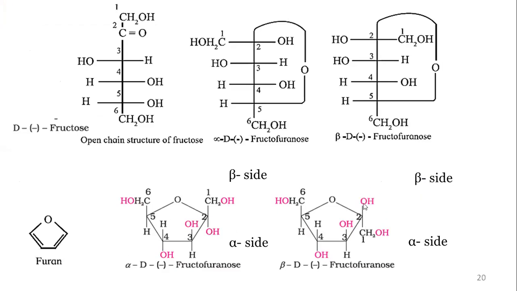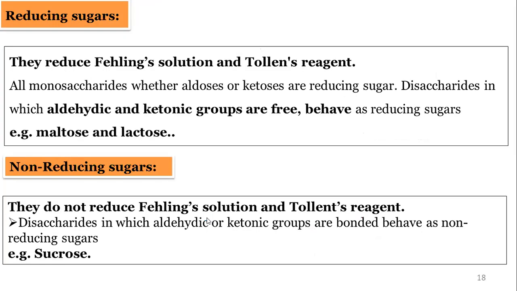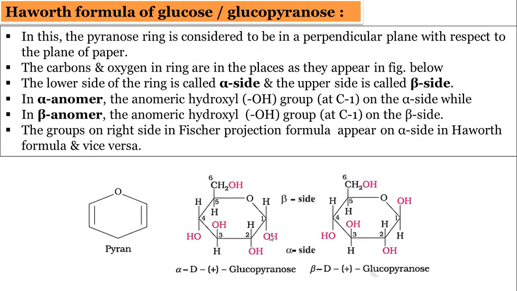Which OH? Sorry, all these are fructose. In case of fructose, we consider carbon number 2, and in case of glucose, we consider carbon number 1. This is carbon number 1: OH below is alpha, OH above is beta.